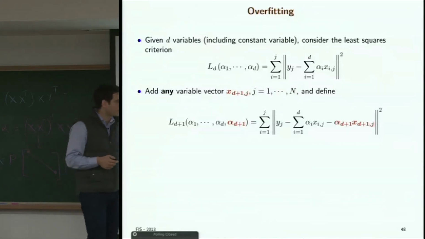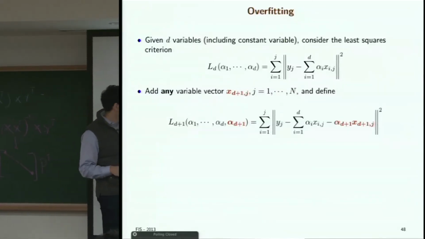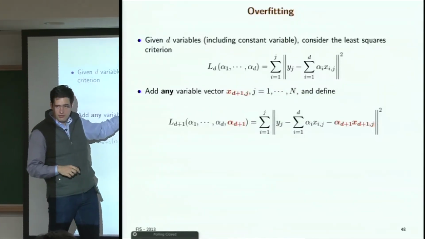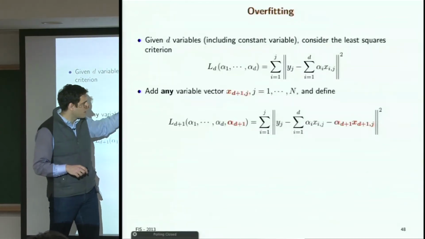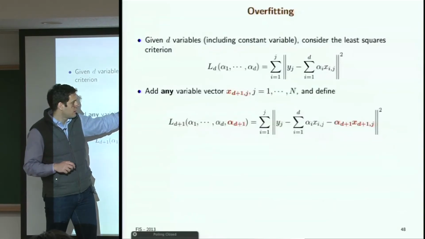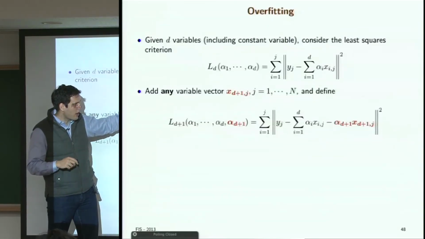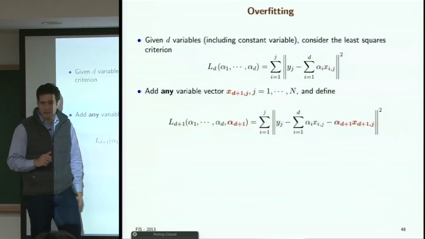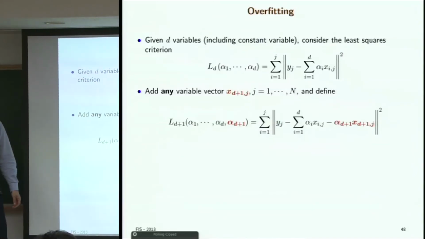So what we're trying to do with the least squares criterion is we minimize this function with d variables, alpha 1, alpha d, which are the weights, and we try to reconstruct y using those d variables. Okay? The way we select alpha is by taking the values alpha 1 to alpha d, which minimize this quantity, right?